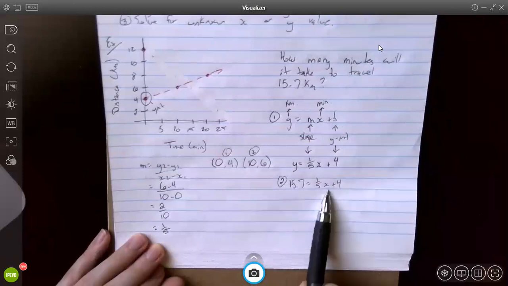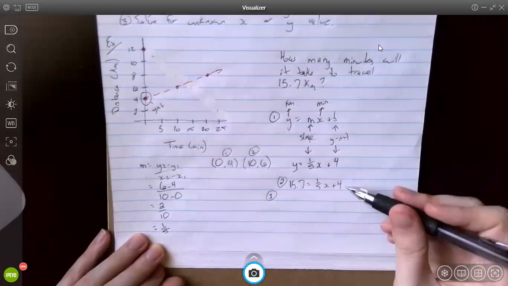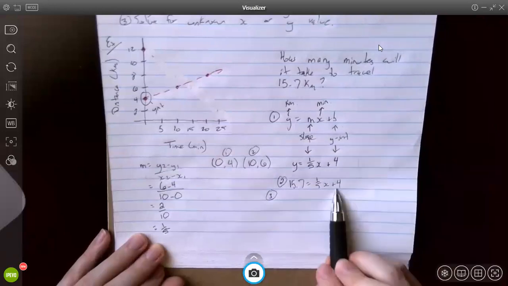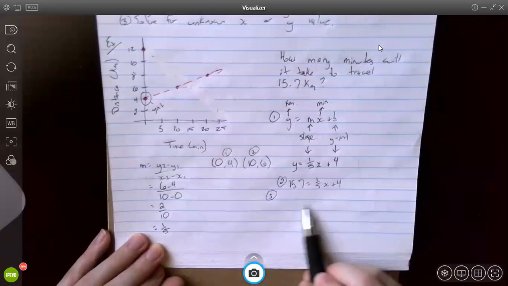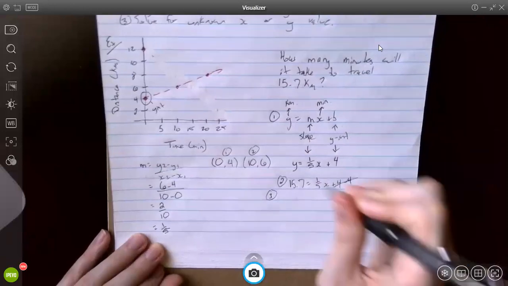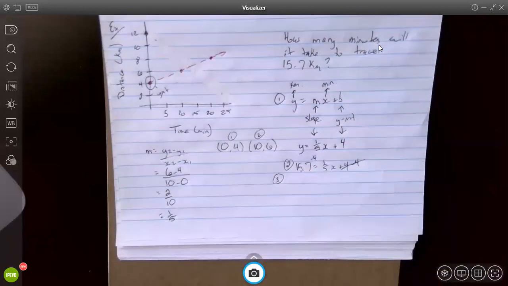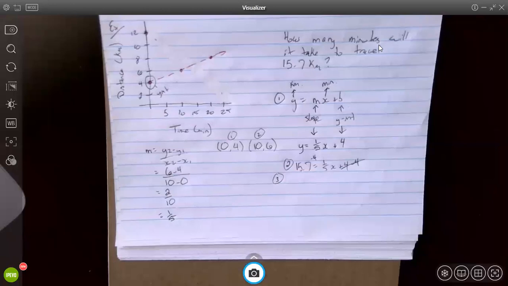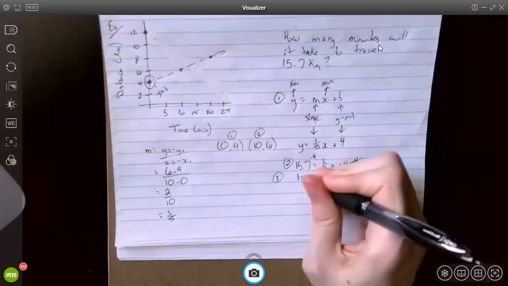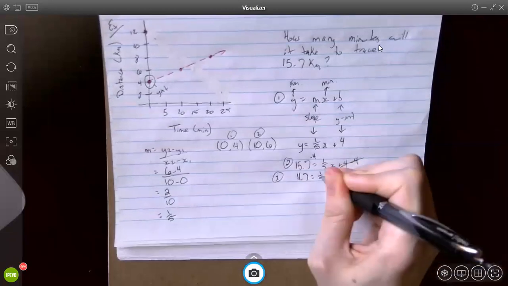So that is step 3, is to just start solving this thing. So in order to do that, I'm going to start by moving my +4 to the other side. So I will subtract 4 and subtract 4. 15.7 minus 4 is 11.7. And that leaves me with 1/5 x.